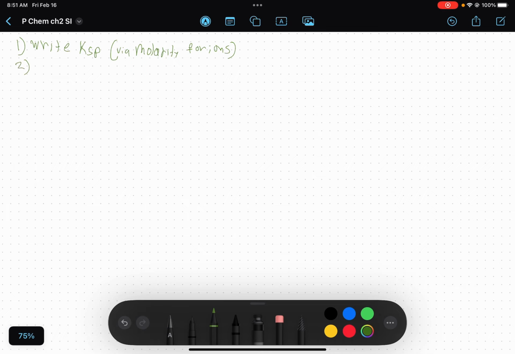After you've written your KSP, for that first time you can assume it's ideal, so gamma plus minus equals 1.